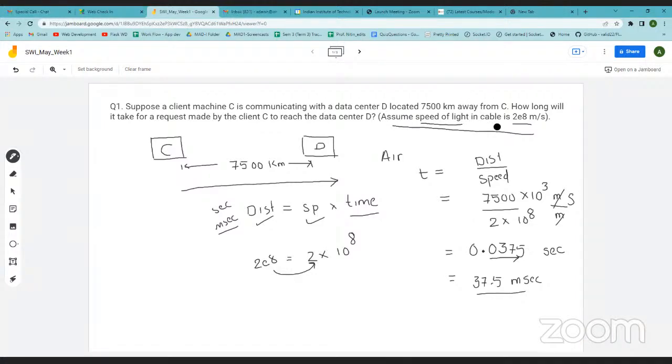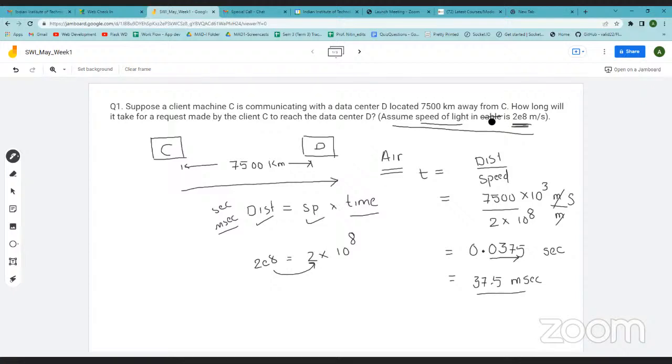I have not mentioned cable, so don't worry about this cable. I have not mentioned any medium, and I'm taking air as the medium. So the data changes, but I'm still keeping the speed of light the same.